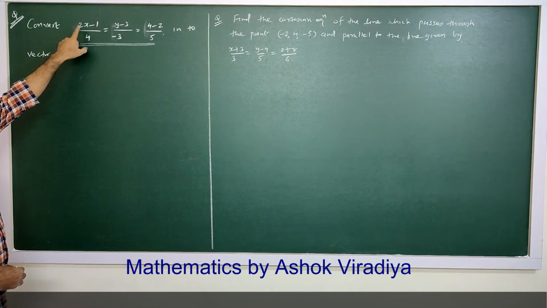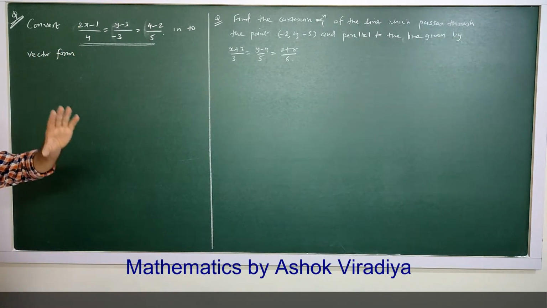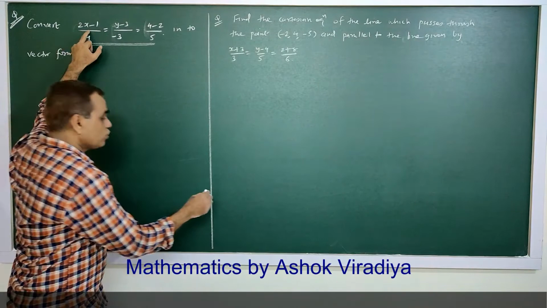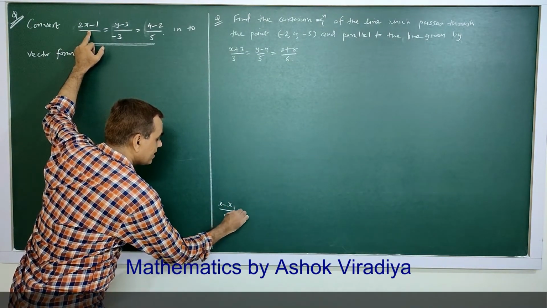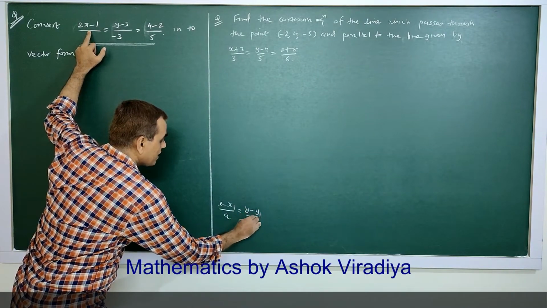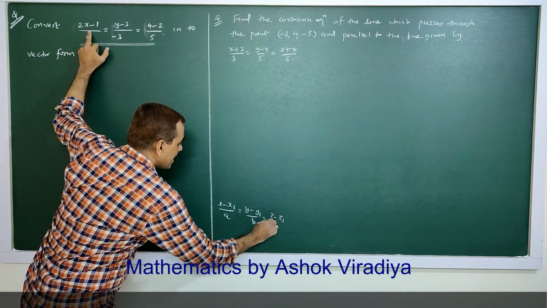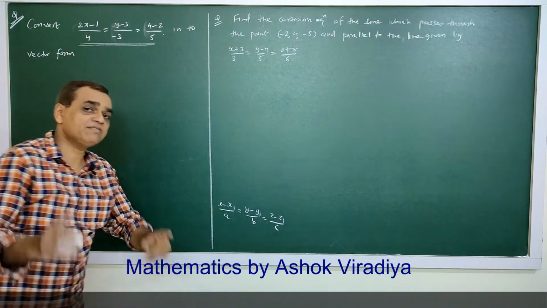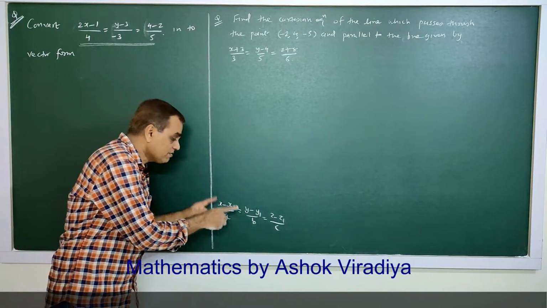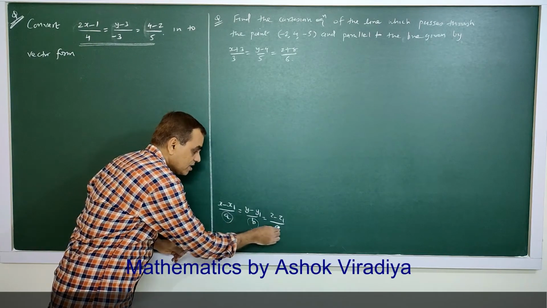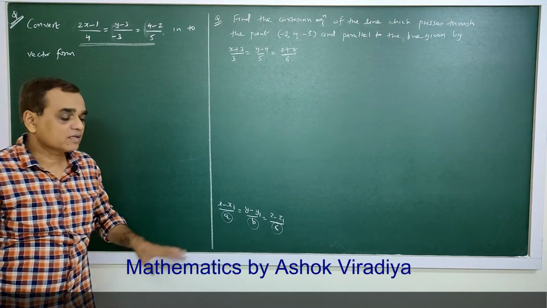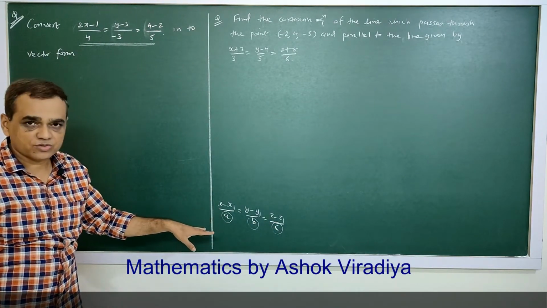So first of all, what we shall do, this should be converted in this form: x minus x1 upon a, y minus y1 upon b, z minus z1 upon c. If the Cartesian form is in this form, then these numbers are giving direction ratios.